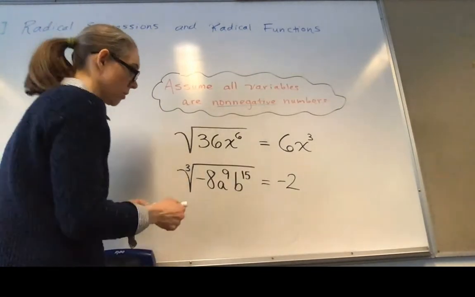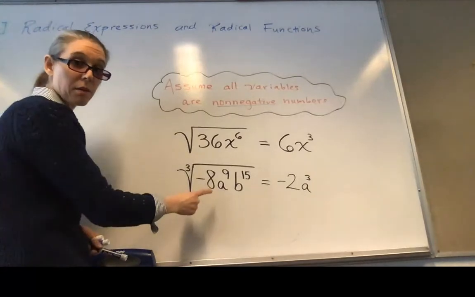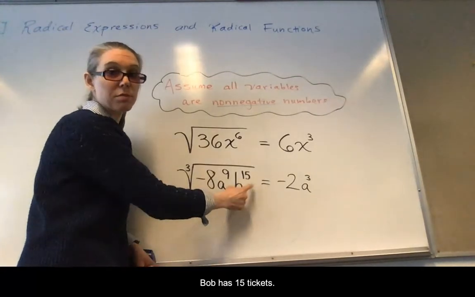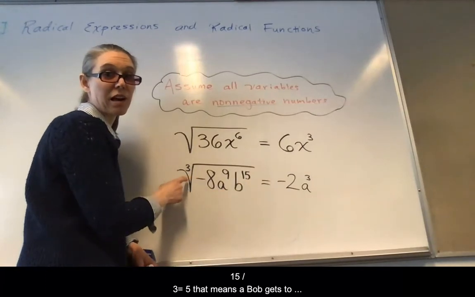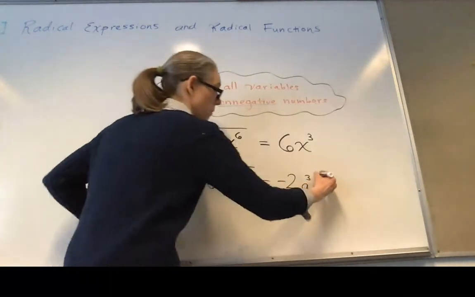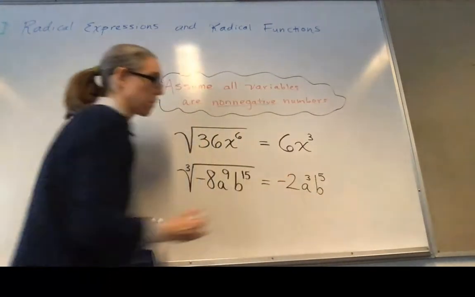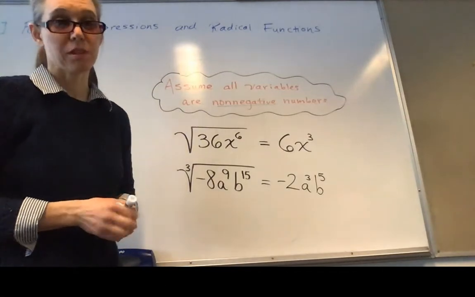So you have a cubed. Now this is Bob, and Bob has 15 tickets. Since 15 divided by 3 is 5, that means Bob gets to go on this ride 5 times. Ta-da! And that's how you can simplify that pretty easily.